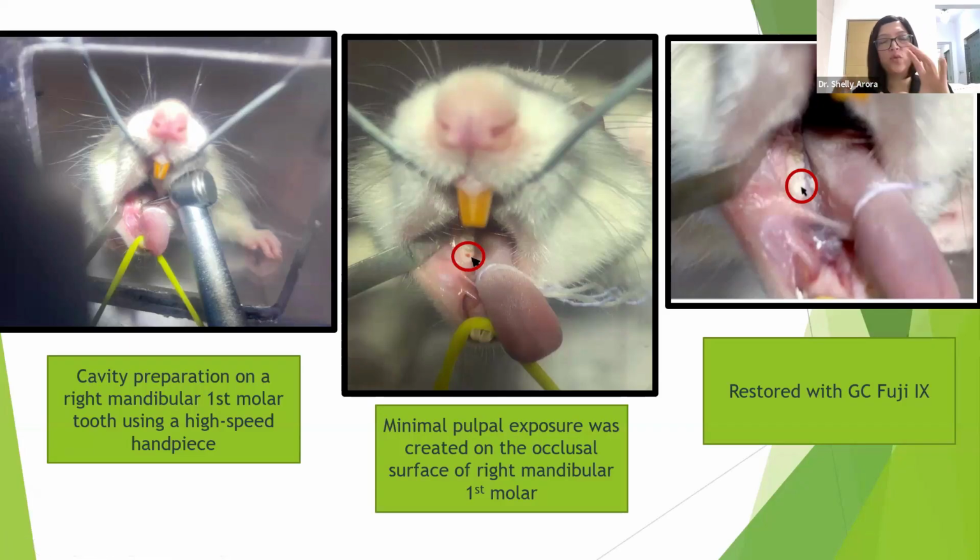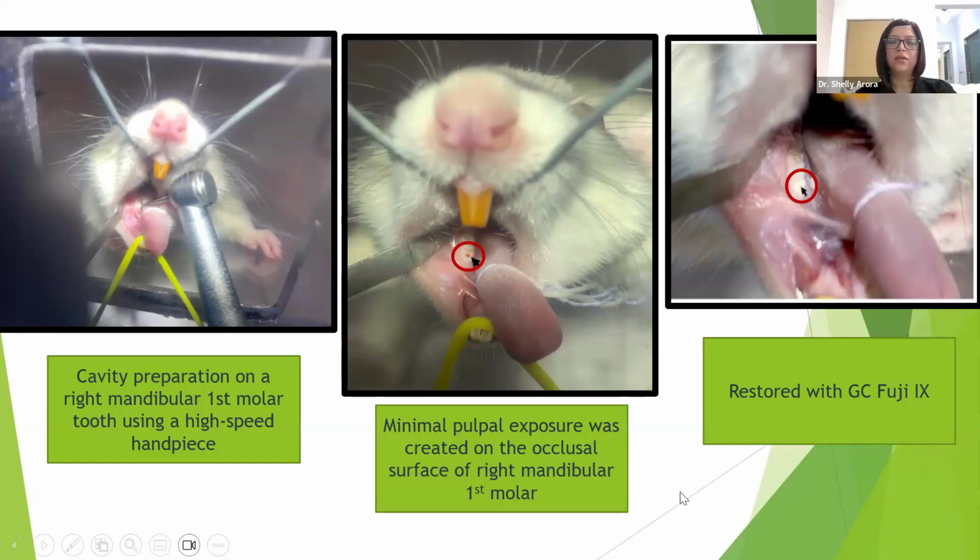Once it was done, the bleeding was controlled with paper points. Once the bleeding was controlled, the control group received saline as the dressing, and the experimental group received the antibody. After the dressing was given, they were restored with GC Fuji IX.